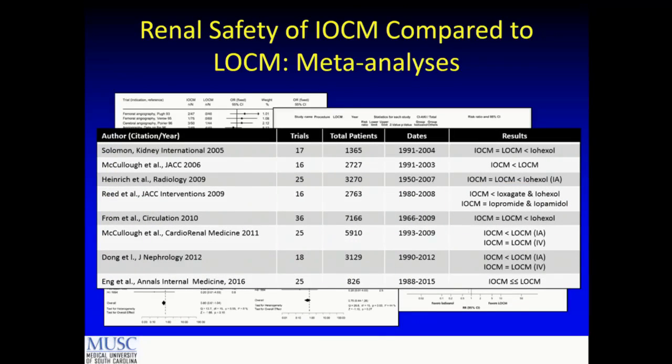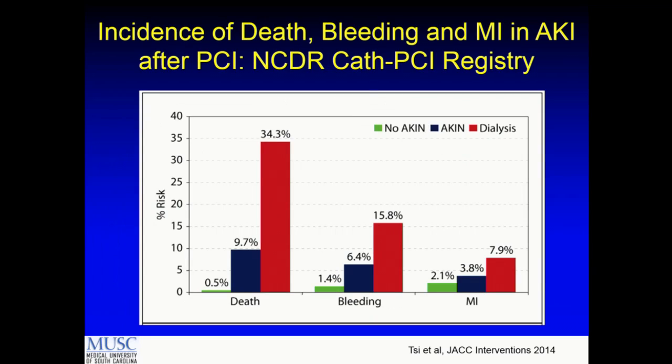But there is a trend, and I'd like to highlight a few things with these studies: even in the studies where outcomes were equal, there was still benefit over certain contrast agents, and also that there is benefit to using iso-osmolar contrast intra-arterially, but no real difference in contrast-induced nephropathy if it's injected intravenously.